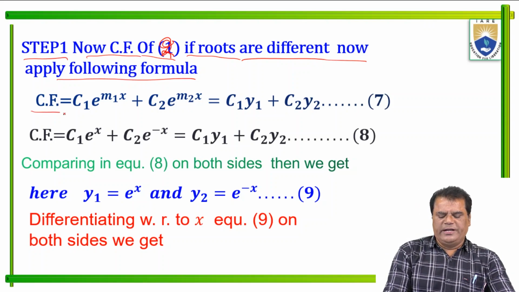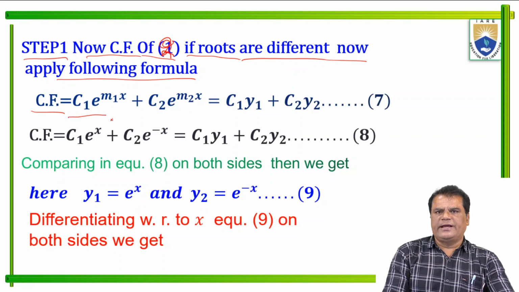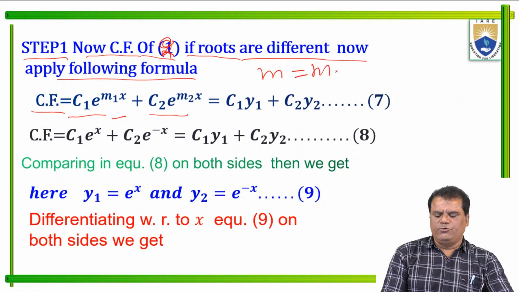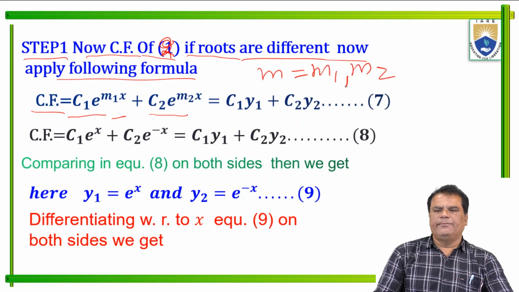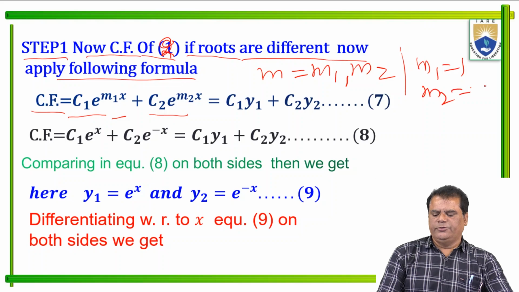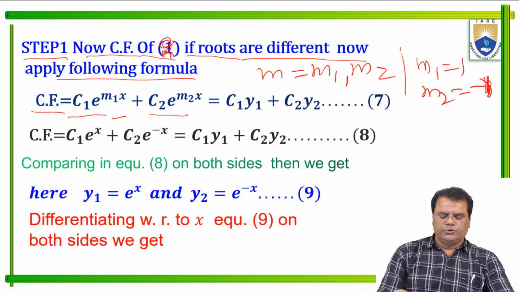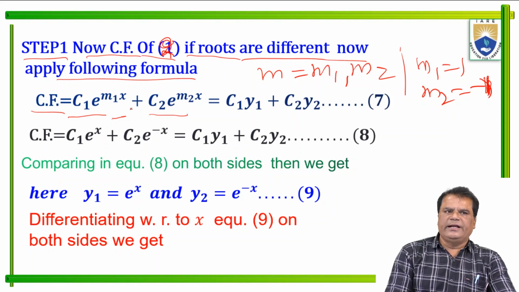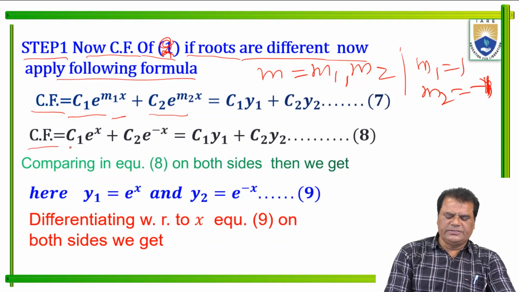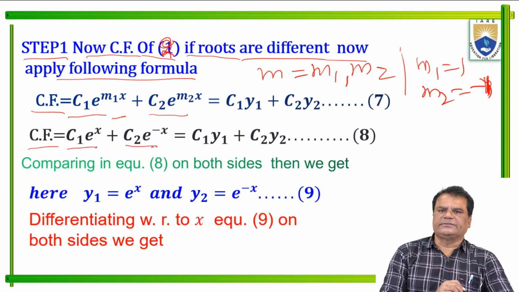So the complementary function is C1 e to the power m1x plus C2 e to the power m2x, where m1 and m2 are the two roots. m1 is 1 and m2 is minus 1. Then CF is C1 e to the power x plus C2 e to the power minus x.